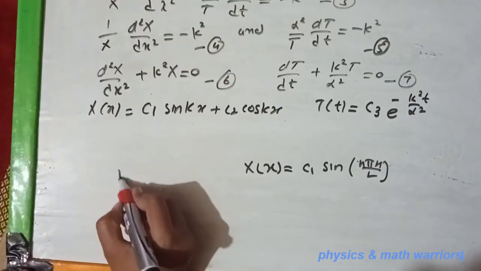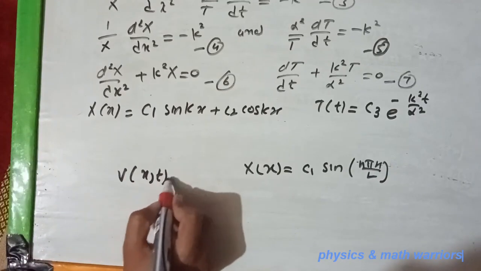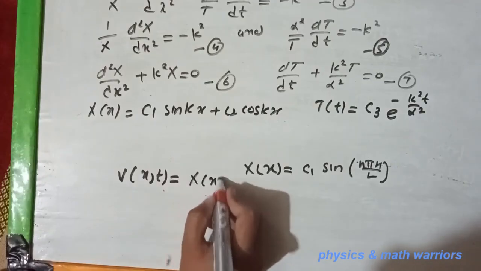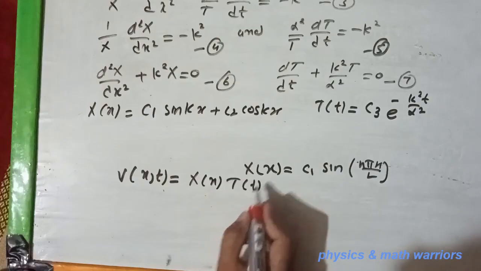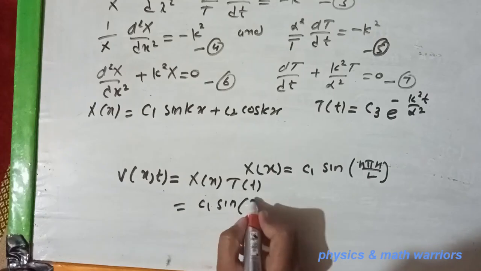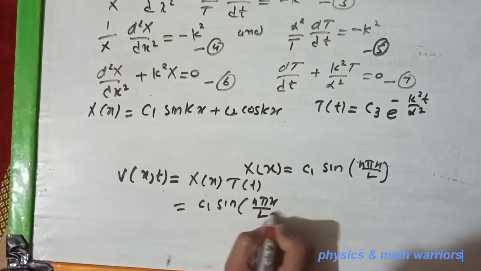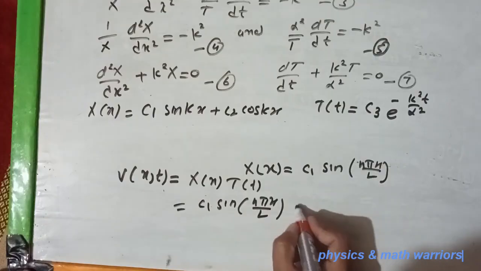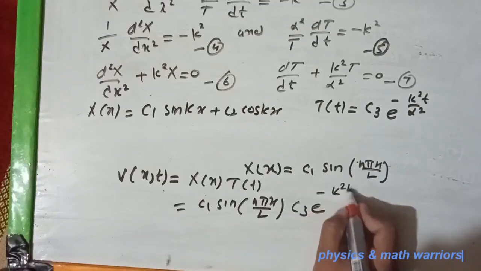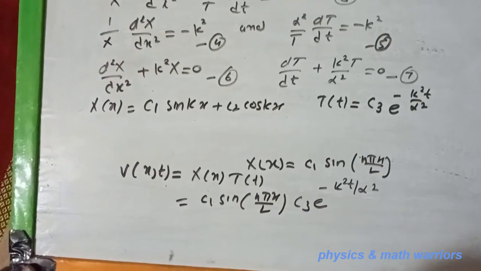And we have considered v of x and t is equal to X of x, T of t. X of x is equal to C1 sin n pi x over L, and T of t is equal to C3 exponent minus k square t over alpha square.